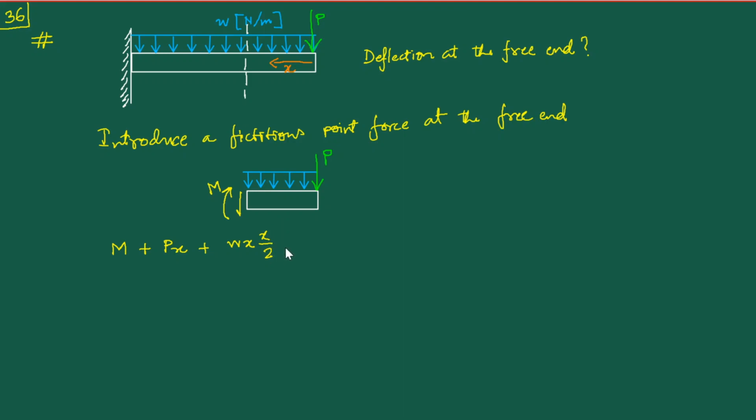Now I would encourage you to think that if this were not uniformly distributed, rather some arbitrary distributed load, then what kind of method could we use. What we basically have to do is take a little element here. I think we discussed such a method back in our course of applied elasticity.